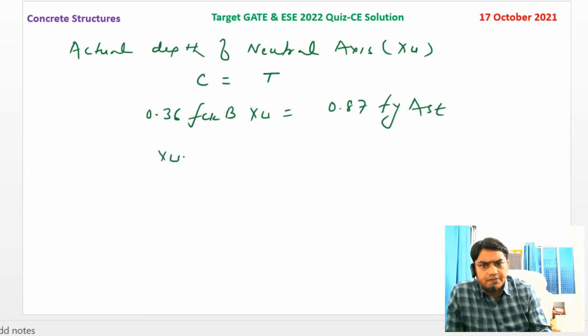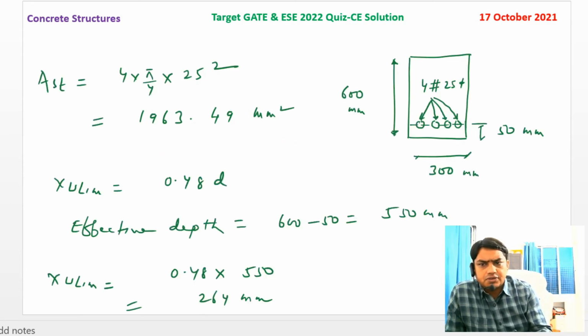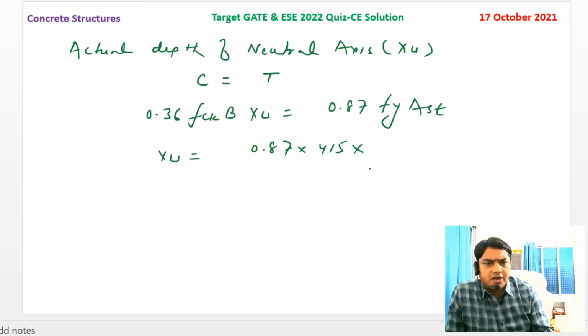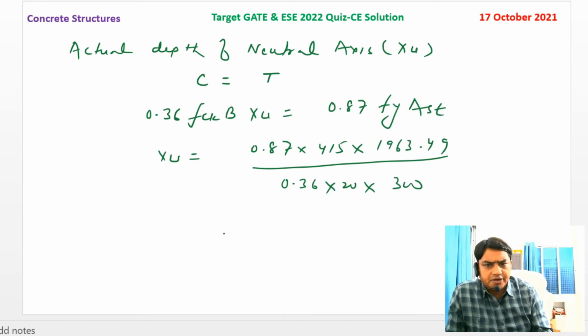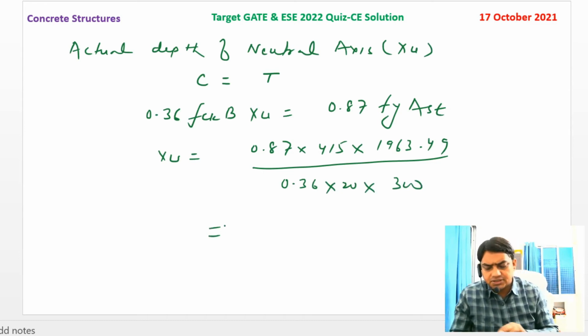So XU can be computed as 0.87 into 415 into the area of steel, 1963.49, divided by 0.36 into 20 into 300.